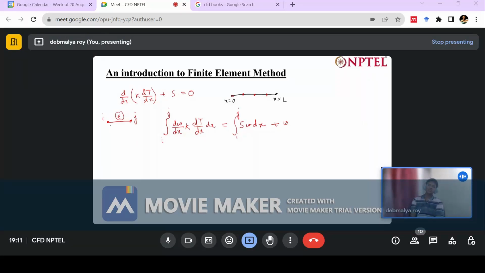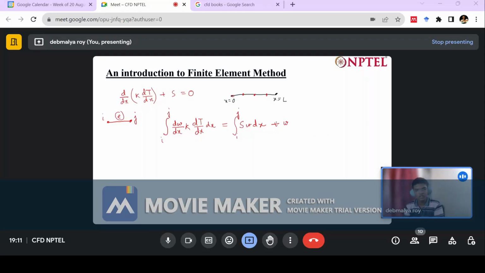Since here we do not know the boundary condition, if we take a random element, we might not know the exact values of heat flux for that particular element. So when we are assembling it, we might try to figure out what the boundary conditions might be.